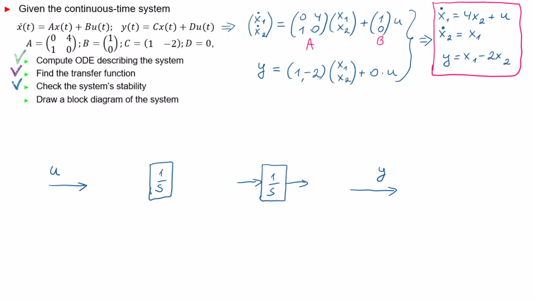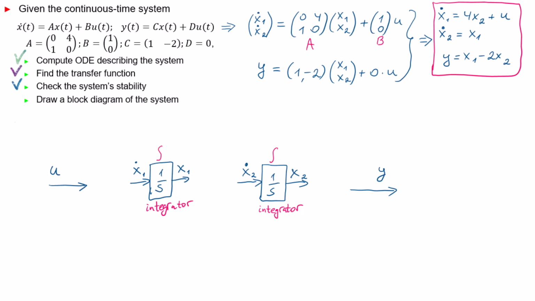So if the system is second order, you need to plot 2 blocks of integrators. The input of each block will be x dot and output will be the x. So on the left block we are drawing x1 as the output and x1 dot as the input. For the second block we are drawing x2 dot as the input and x2 as the output.